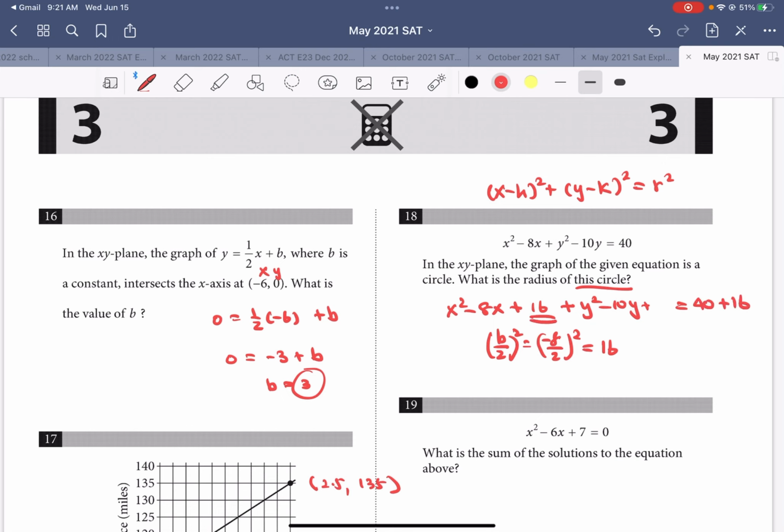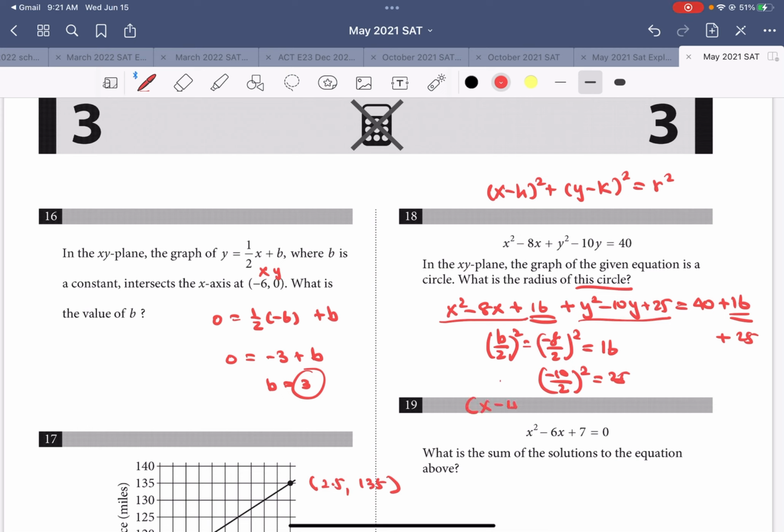Whenever you add a number, you add the same number to the other side. Similarly for y, b is negative 10. Negative 10 over 2 squared is negative 5 squared, 25. So I'm going to add 25 to complete the square for the y term, and you have to add the same amount to the other side. So now you can complete the square.